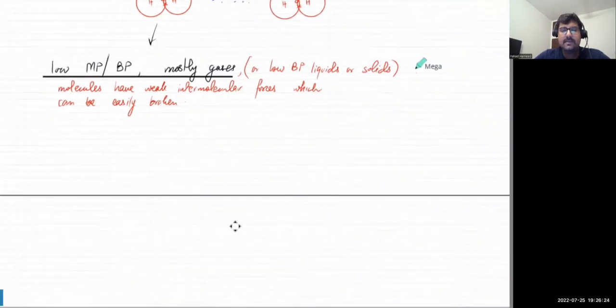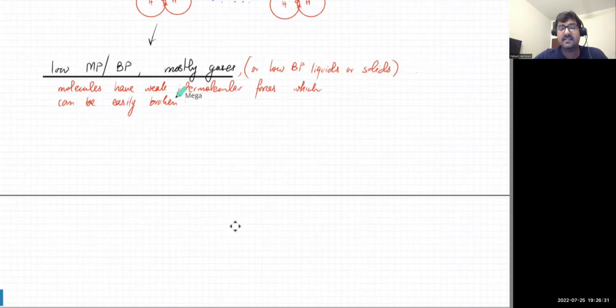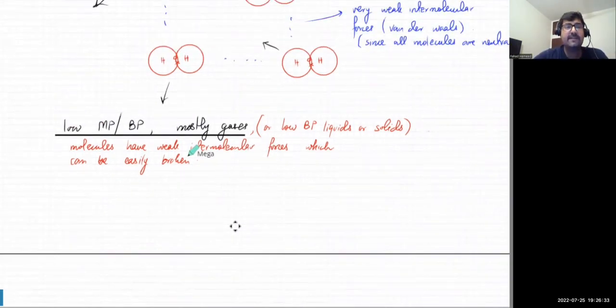So that's one main property of covalent molecules, and they don't conduct electricity. Why? Because they don't have any charges. Remember, these molecules have no charges. They did not form ions, so they don't have any charged particles. So no electricity conduction.